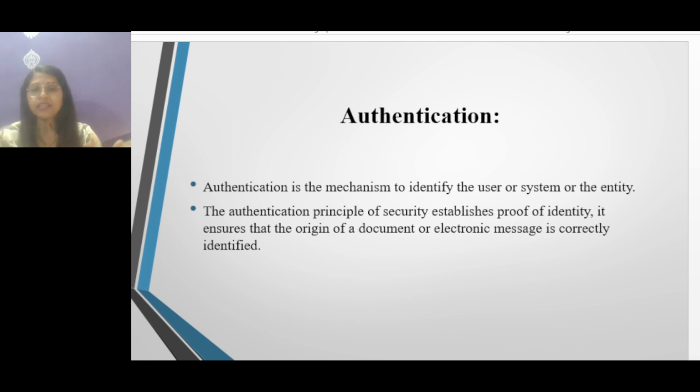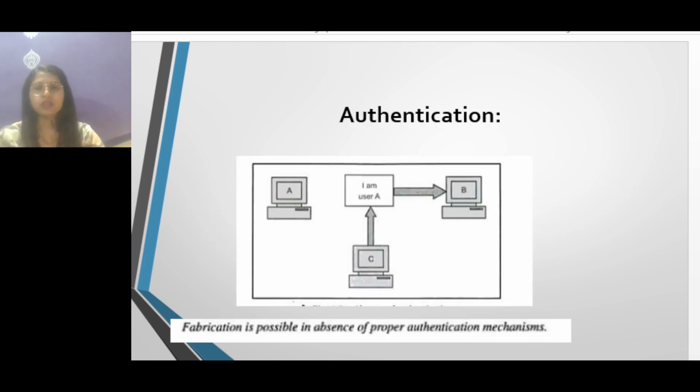It ensures the identity of a person trying to access that information. A third party cannot access my banking, but if they are having my username and password, they can access. At the maximum, they are using the username and password to authenticate the user. So over here, you can see entities A, B and C. Now C is posing as A and doing some kind of transaction, some kind of resource requirement.